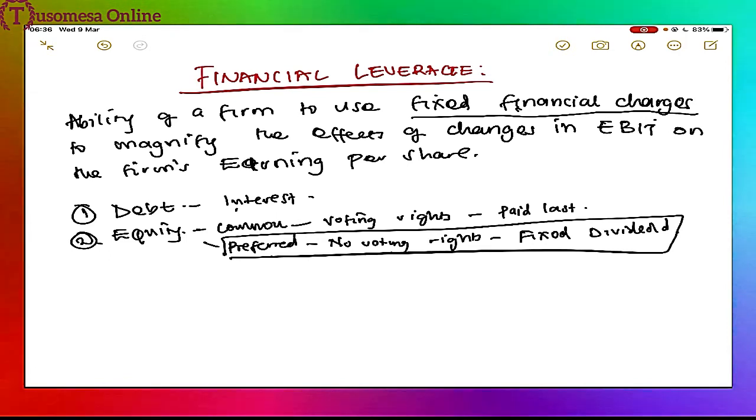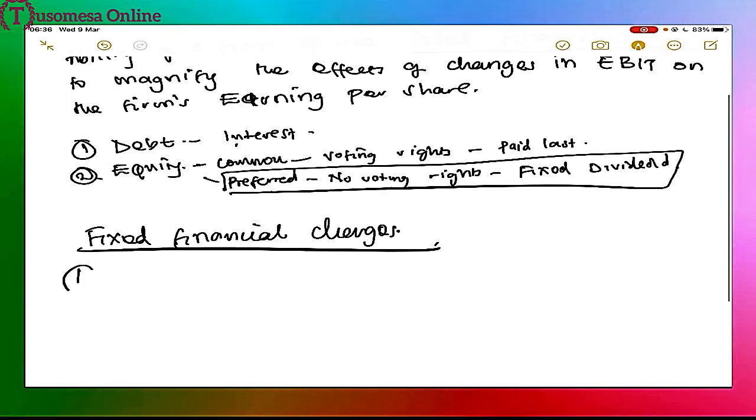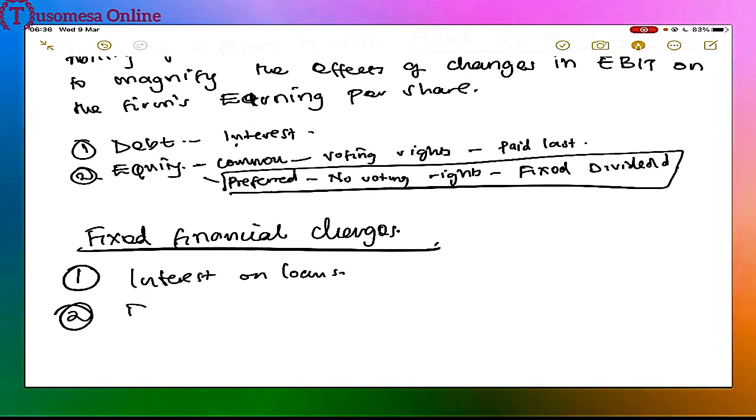The fixed financial charges in the case of financial leverage are, one, the interest on loans, and two, the dividends that are paid to the preferred shareholders.